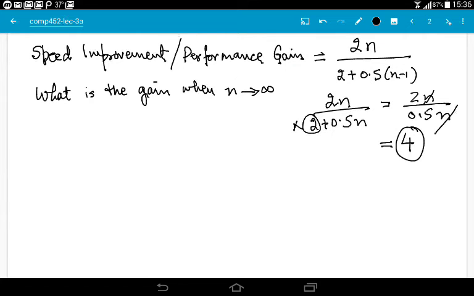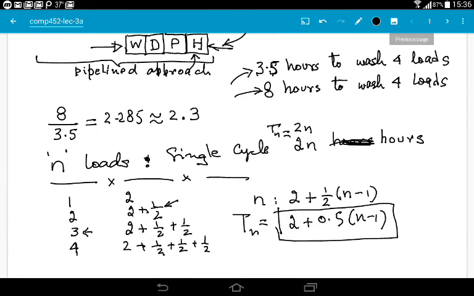Instruction throughput is the number of instructions being completed per unit time. And in our laundry example, the throughput is the number of loads completed per unit time.